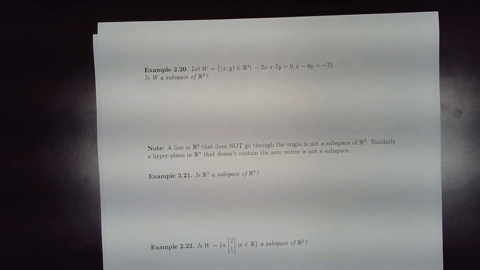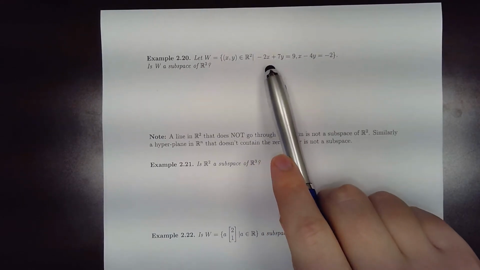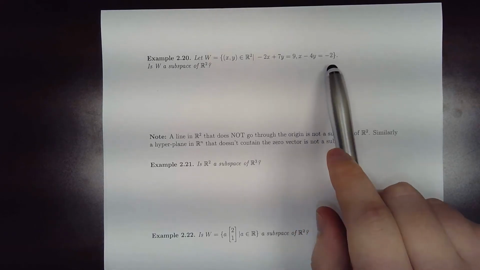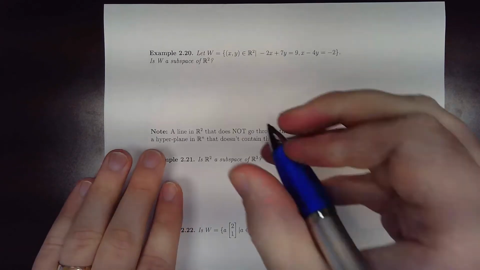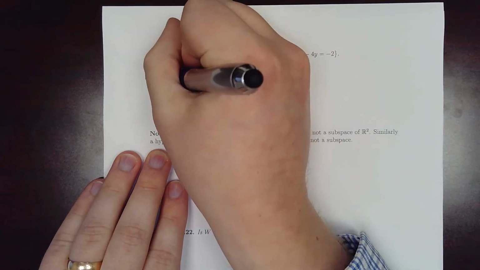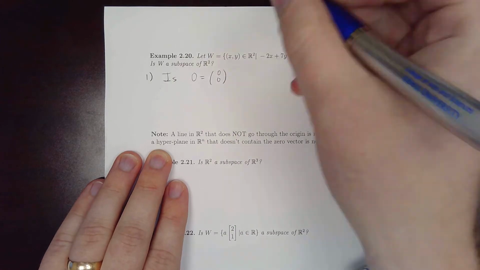Let's say we wanted to look at the set W, which is the set of all (x, y) in R2 such that negative 2x plus 7y equals 9, and x minus 4y equals negative 2. We want to know if it's a subspace. So we'd go through all of our properties. The first property is the zero vector, which in this case is (0, 0).